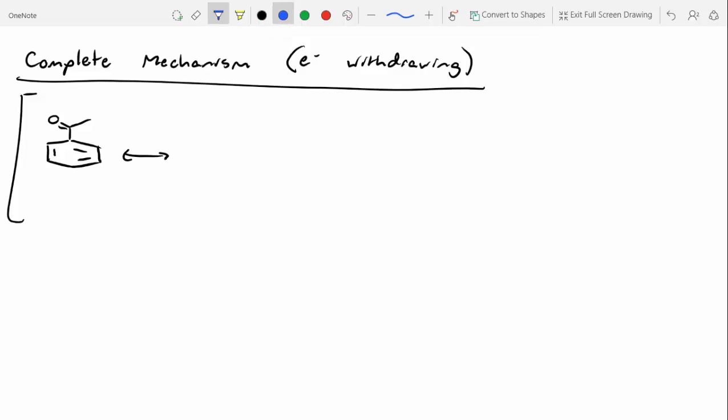How many of you guys think you got all the resonance structures? Getting close? All right, I'm going to draw out the skeletons at least. Save some time.